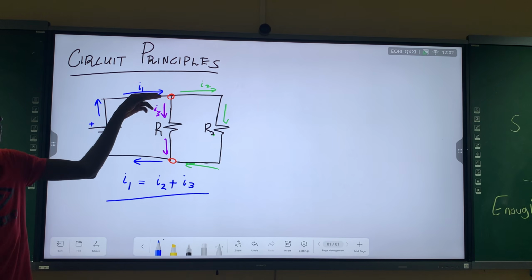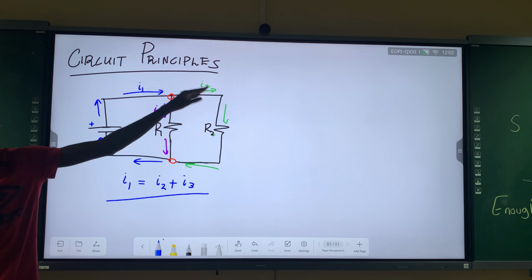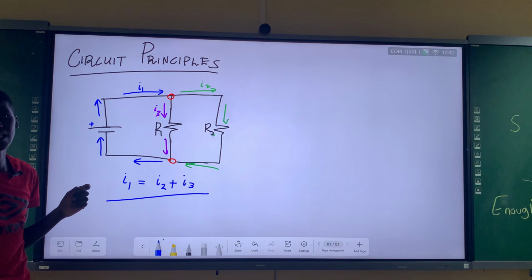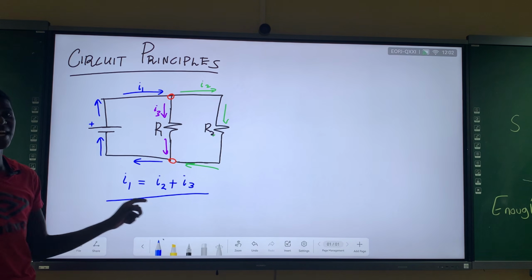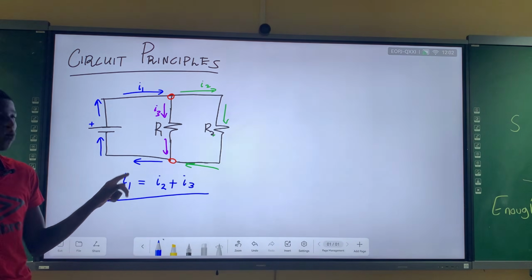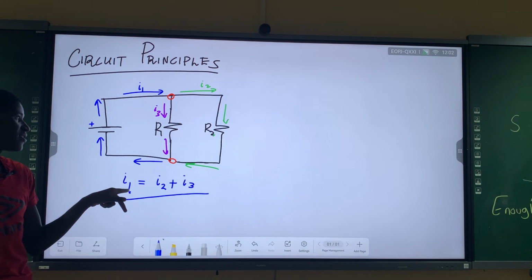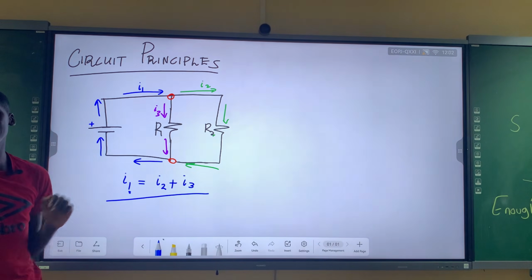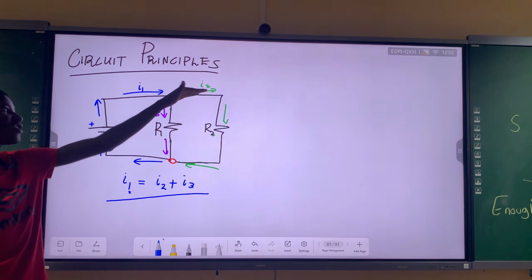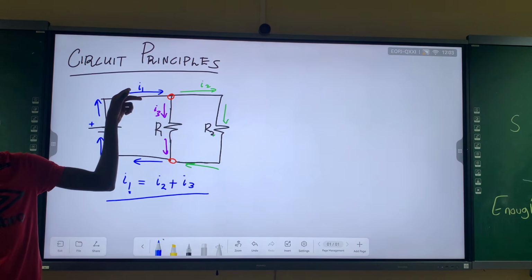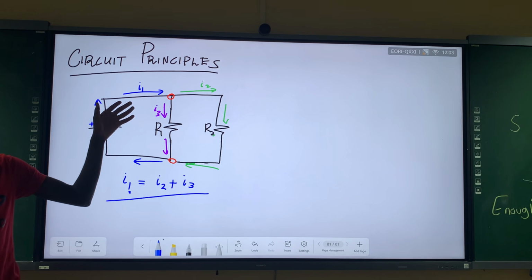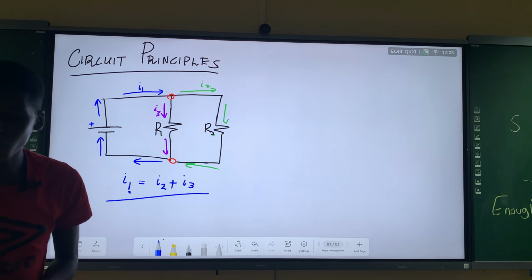The moment it splits into two different currents, they still make up the same current again. So the total current I1 is the sum of I2 and I3, because I2 and I3 split from the total current. Let's get used to that.